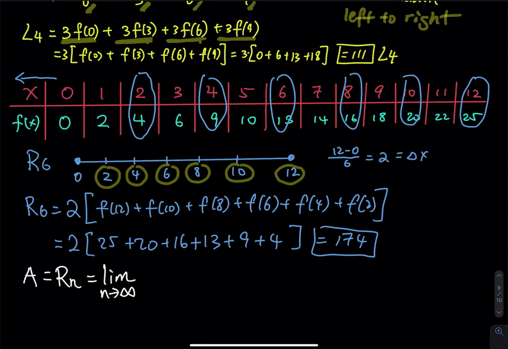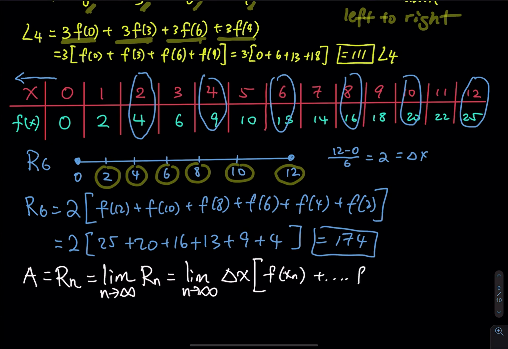Because the more intervals you use, the more accurate result you will get of Rn. So that is equal to the limit as n approaches infinity of delta x, which is the width, times, from right to left, f of x of n, and then you go all the way to x2, and then x1. You don't pick the 0.